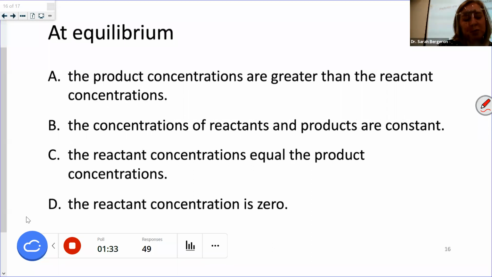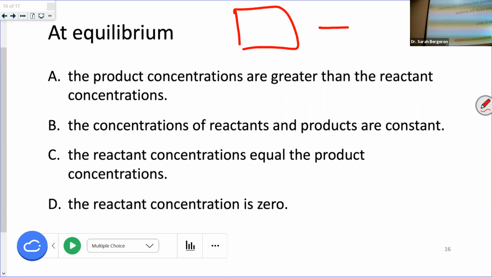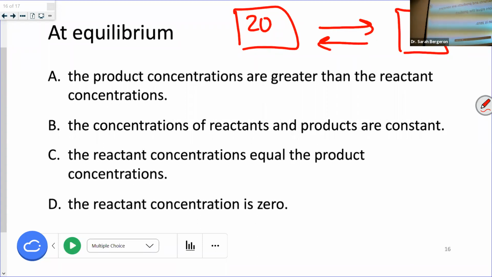All right, so remember our little analogy, right? With our players on the court and players on the bench. A, the product concentrations are greater than the reactant concentrations. Is that true? Not always, right? When I had my little diagram going both ways, I had 20 on the bench and 5 on the court.